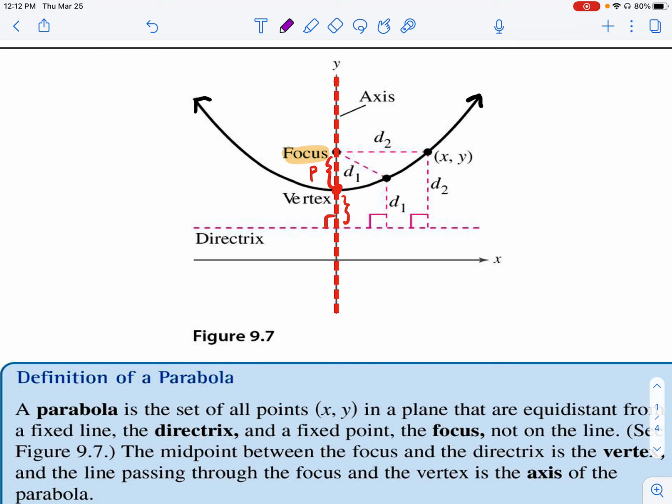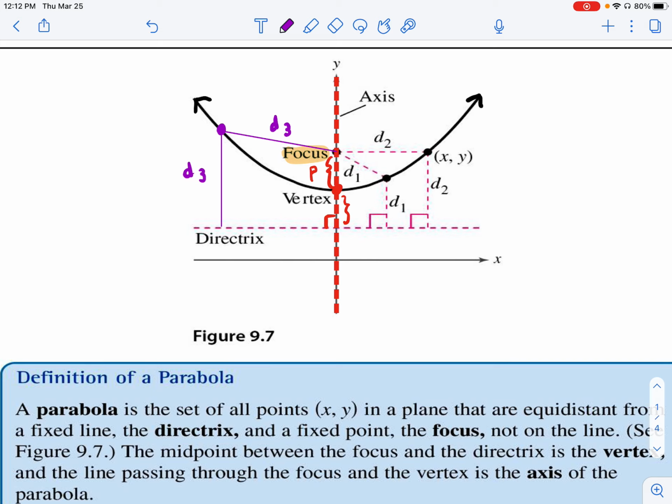It means, suppose I have this point right over here, and I would say, all right, what is the distance from that point to the directrix? What is the distance here? So we'll call this here in this case D3. I'm just going to label that distance here as D3. The distance from this point to the directrix is then congruent or equal to the distance from that point to the focus.